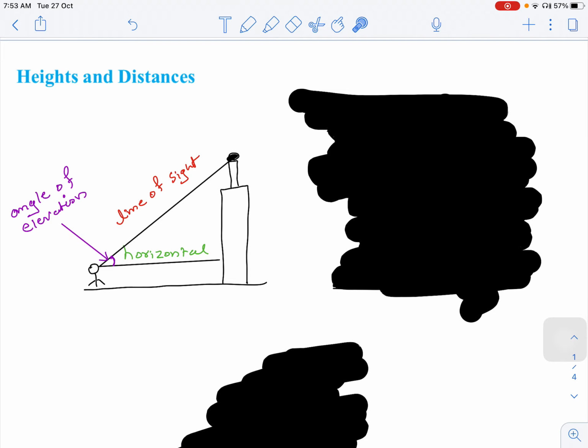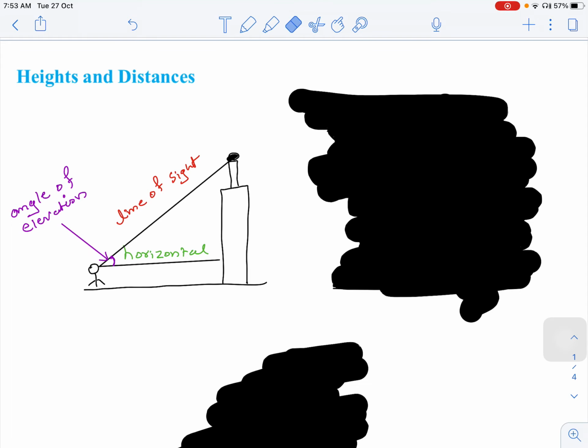Between the line of sight and horizontal, the angle formed is known as angle of elevation. Why angle of elevation? Because he is watching above the horizontal. So whenever the line of sight is above the horizontal, the angle formed will be the angle of elevation. These are some basic terms which you should keep in mind.